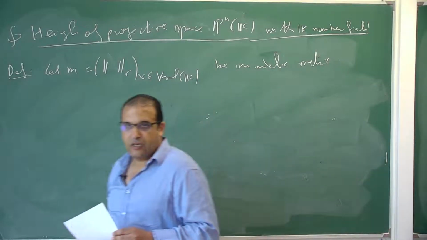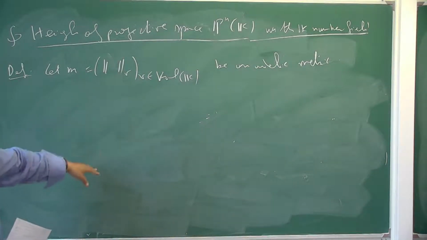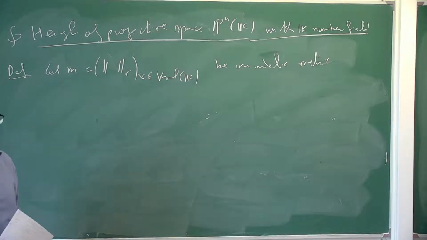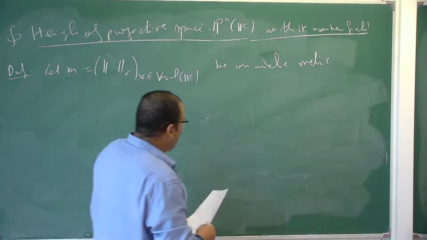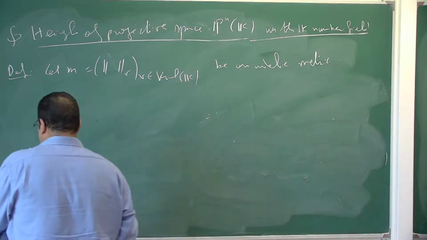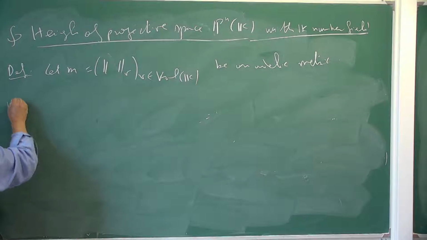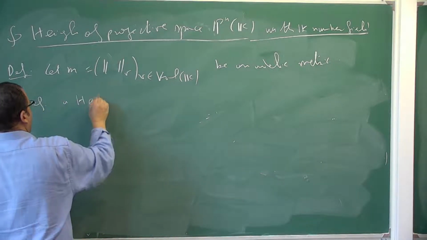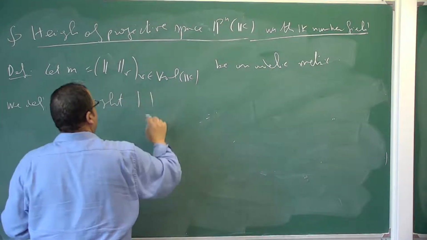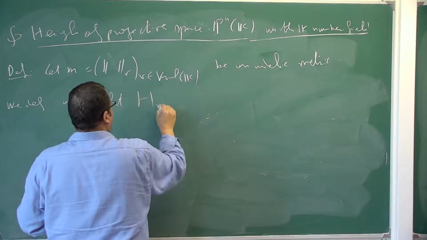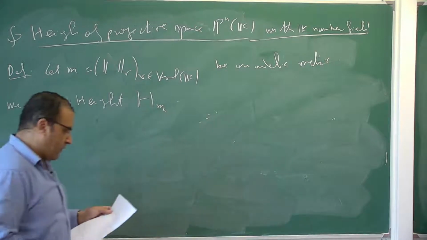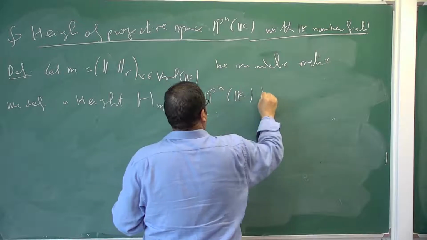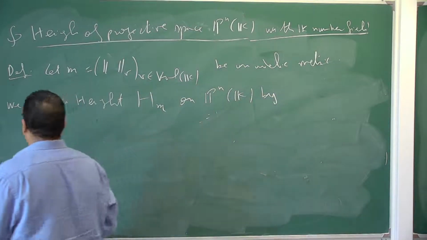What I call an adelic matrix is a family of matrices satisfying the assumptions I just wrote. And we define our height H_M associated to this family of matrices on P^n over K by the following formula.